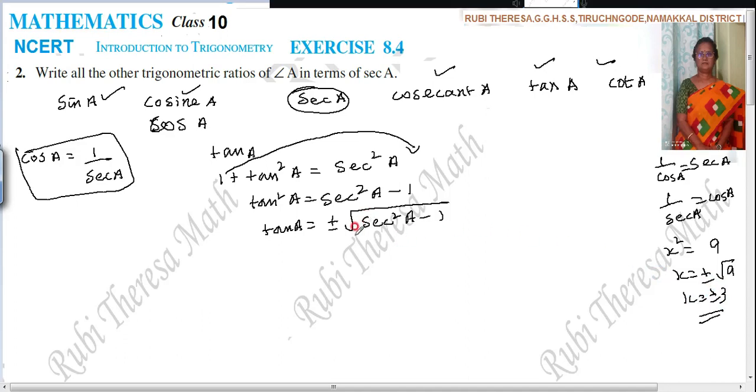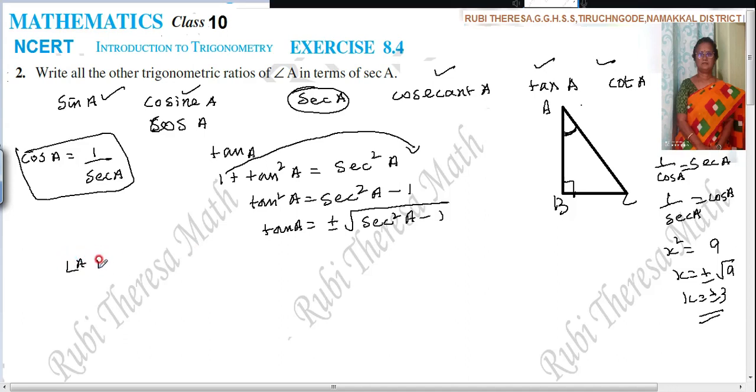But here, what do you have to take, whether it is plus or minus? Just you draw a right angled triangle, A, B, C. You are taking angle A. Understand? So, A is acute.